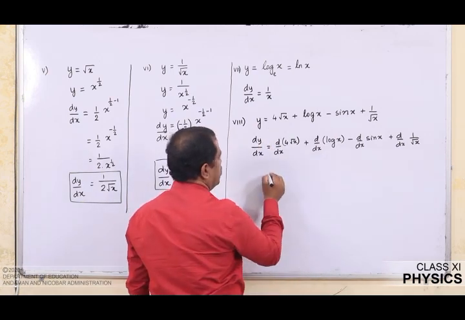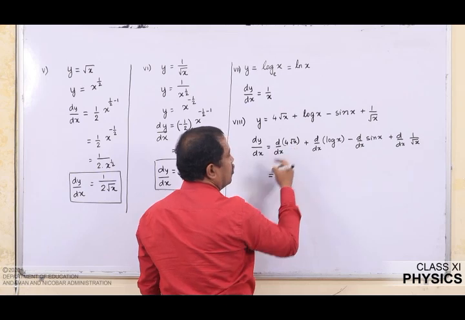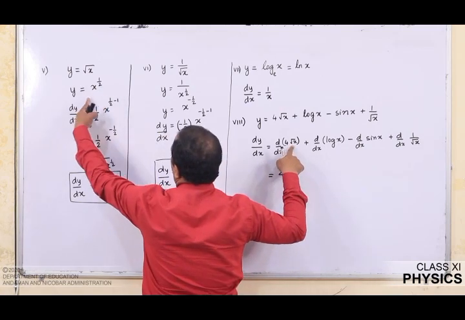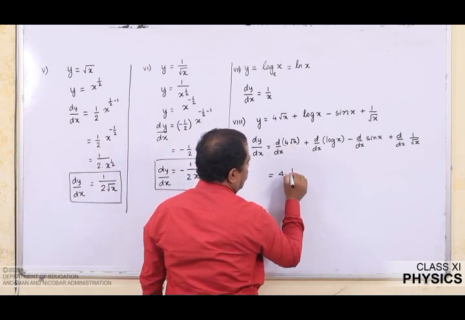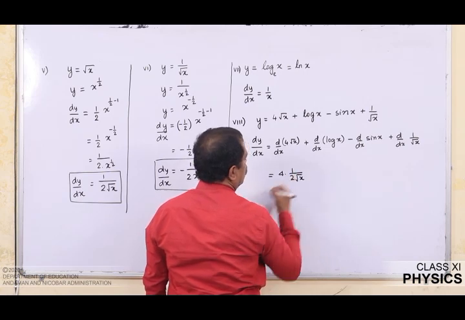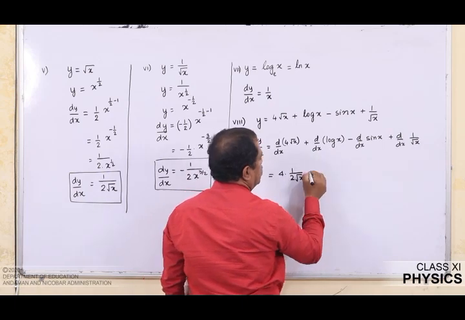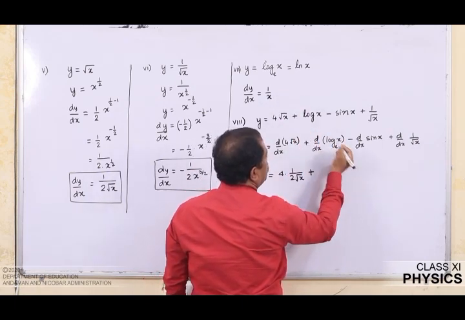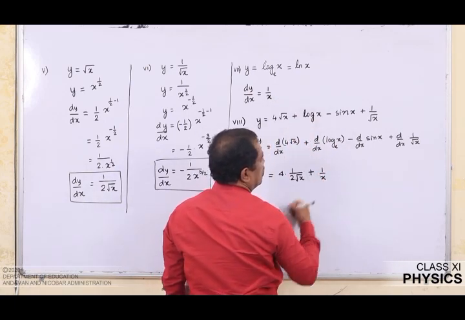Now, this can be written as 4 times the differentiation of root x, which we did earlier, and we get 1 over 2 root x. Then the differentiation of log x, where log means natural logarithm, is 1 over x.